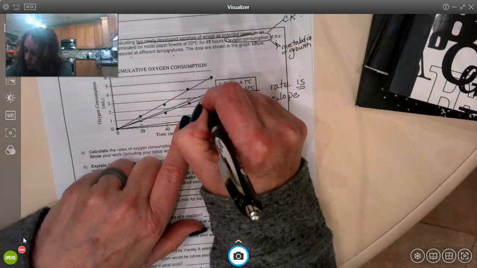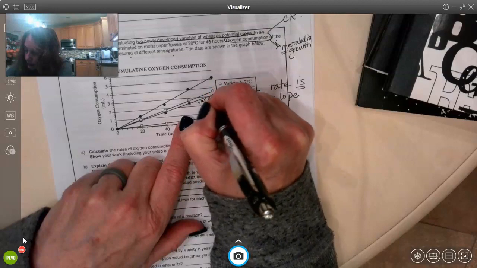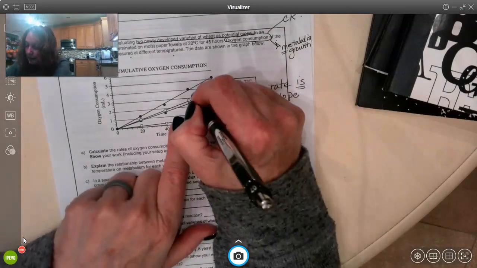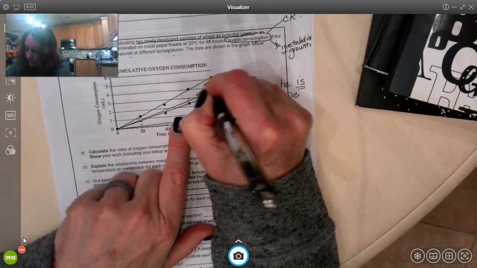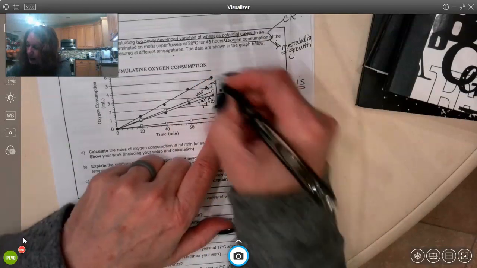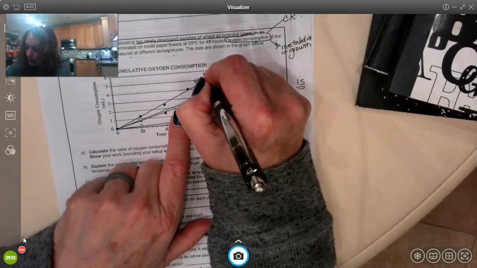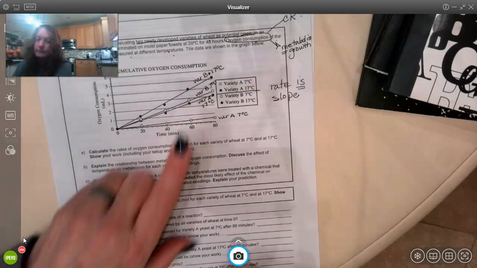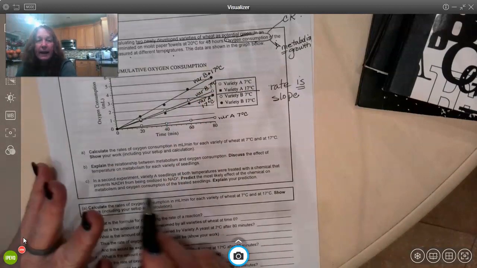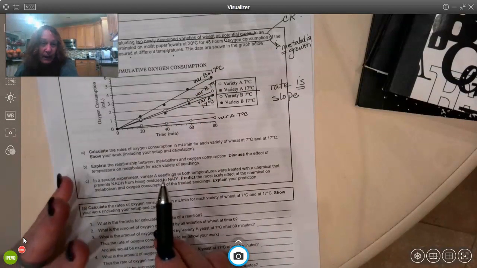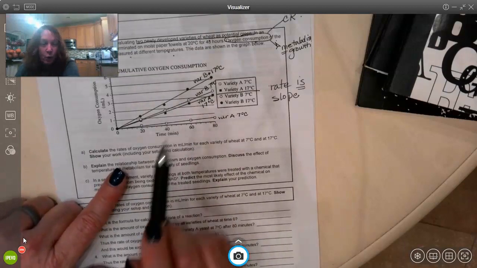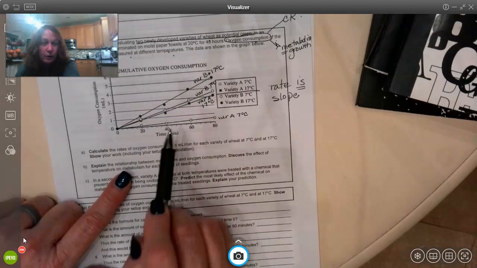So this is variety A at 17 degrees. Then you have your variety B at 7 degrees, and then variety B at 17 degrees. So in my head, I'm noticing just some things. Whenever they give you a graph, they're going to want you to talk about the patterns and the trends in the graph.